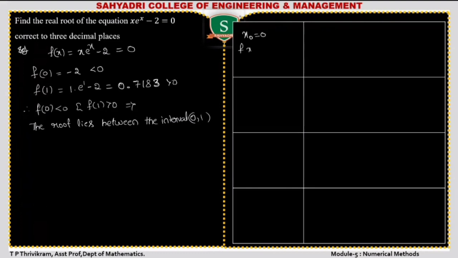f of x naught we have found, it is minus 2. Now f dash of x naught.